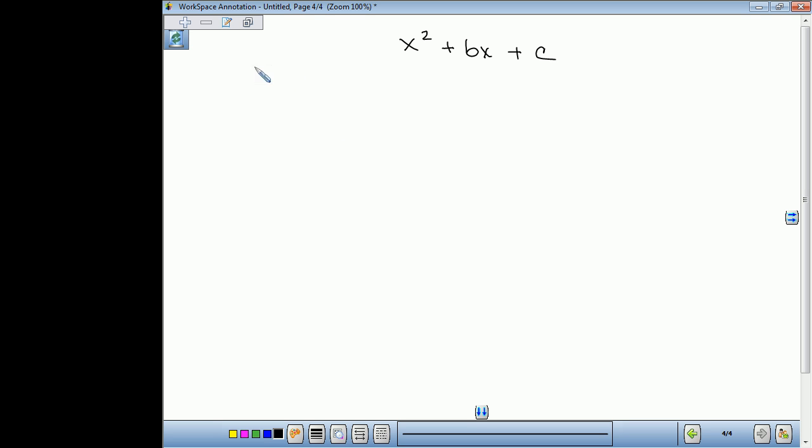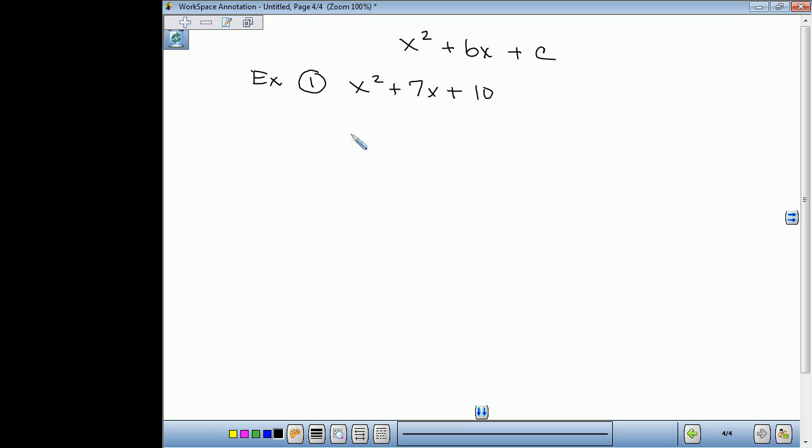Yes. These are our notes. So I'm going to start off with examples. Example 1. And I'm going to talk you through what we do as we do each example. So here's our trinomial. And the first thing we always look for is to see if any of the numbers have a common factor. And they don't. They don't all have an x. And there's not a number that divides into all of them.